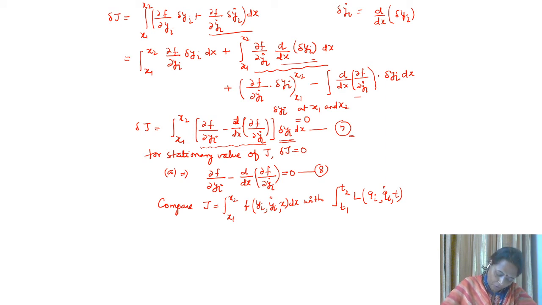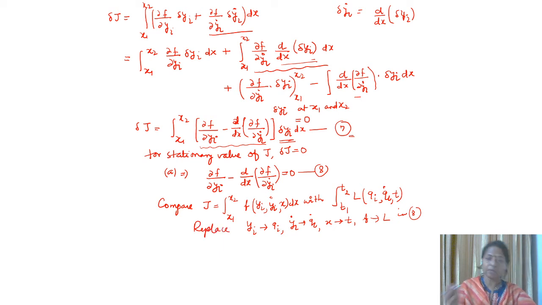Comparing, what is yi? Yi may be replaced by qi. Yi dot will be replaced by qi dot. X will be replaced by time. X1 with t1 and x2 with t2. And F is replaced by L in 8.